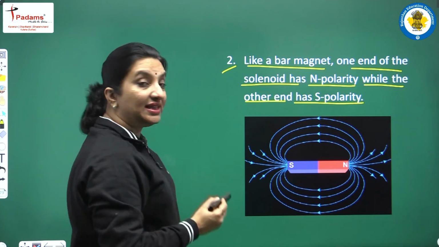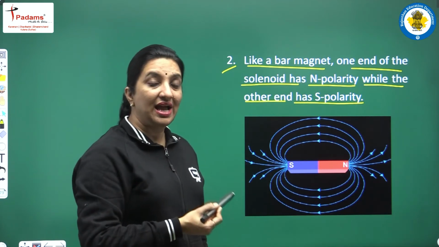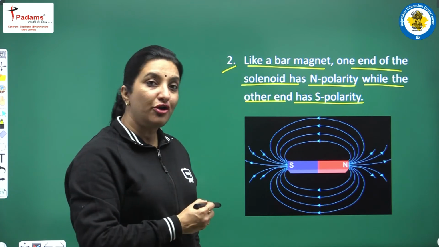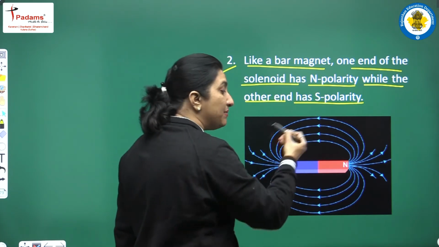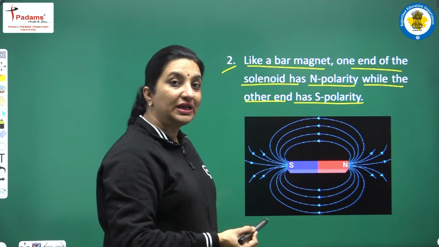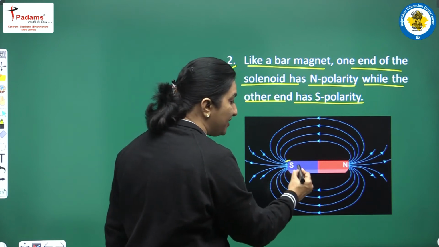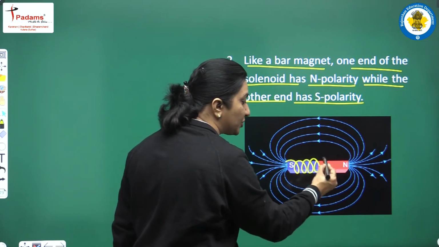Now students, this is the magnetic field of a bar magnet, and we know that in case of solenoid also we are having similar type of magnetic field lines coming out of the solenoid. So here in place of this bar magnet we can have a solenoid also.